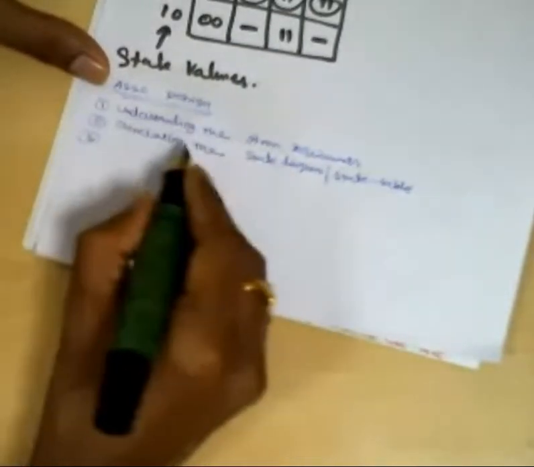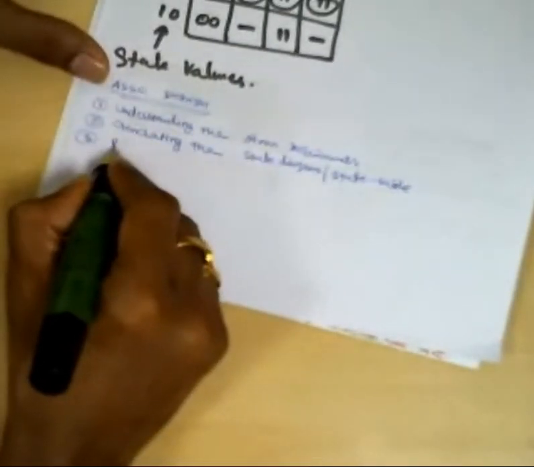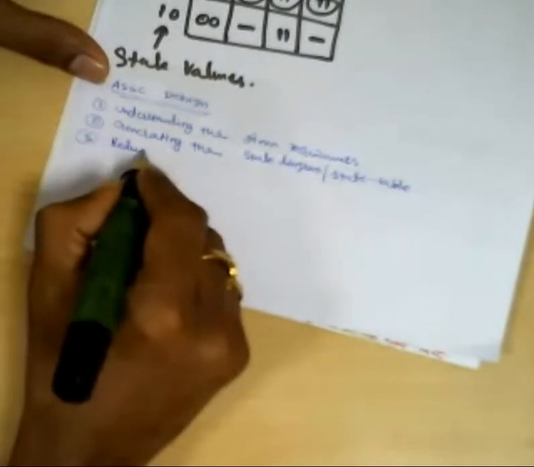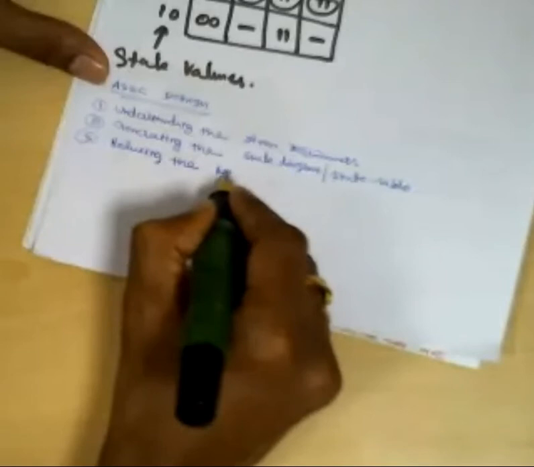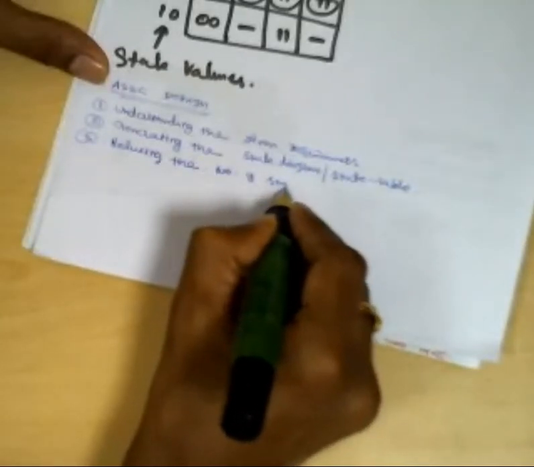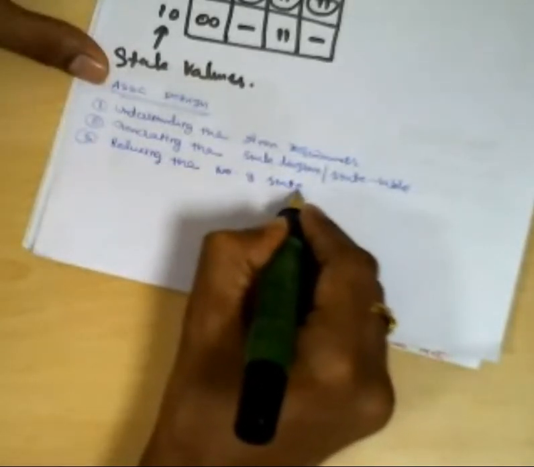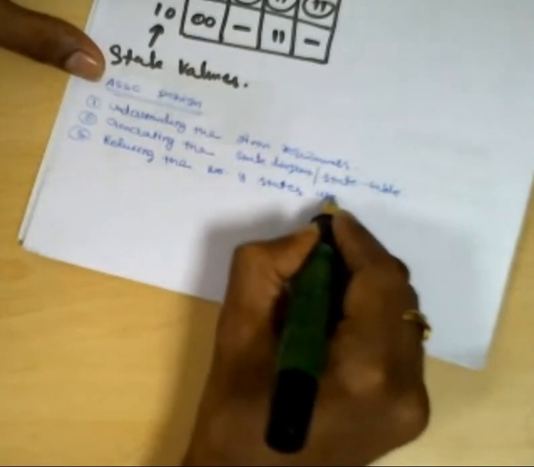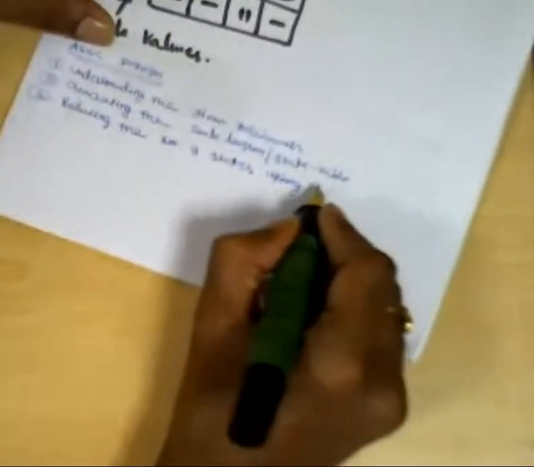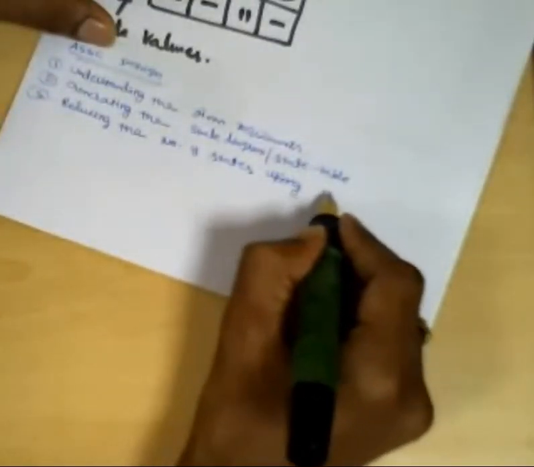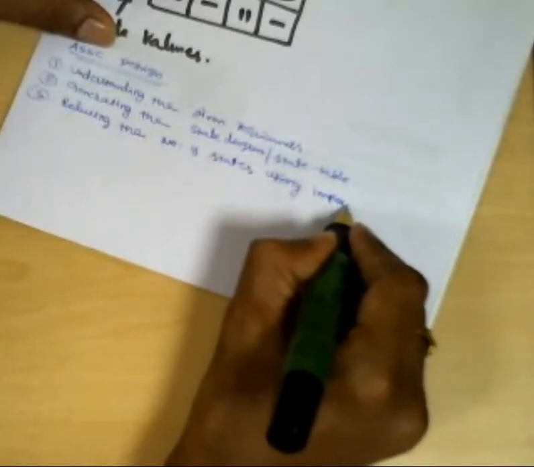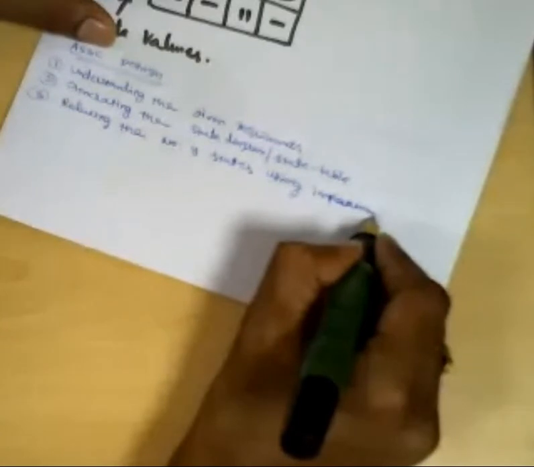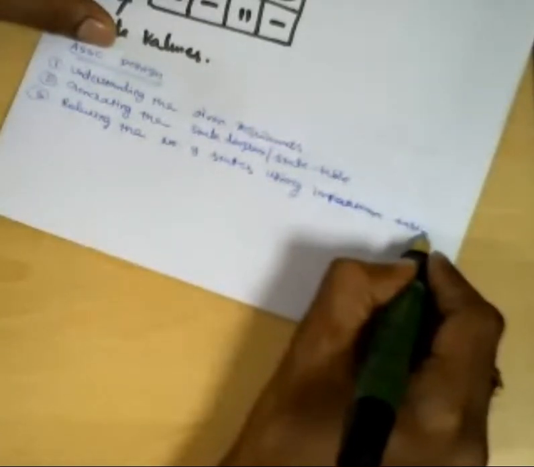Third, reducing the number of states using either an implication table or anything you can write, using the implication table.